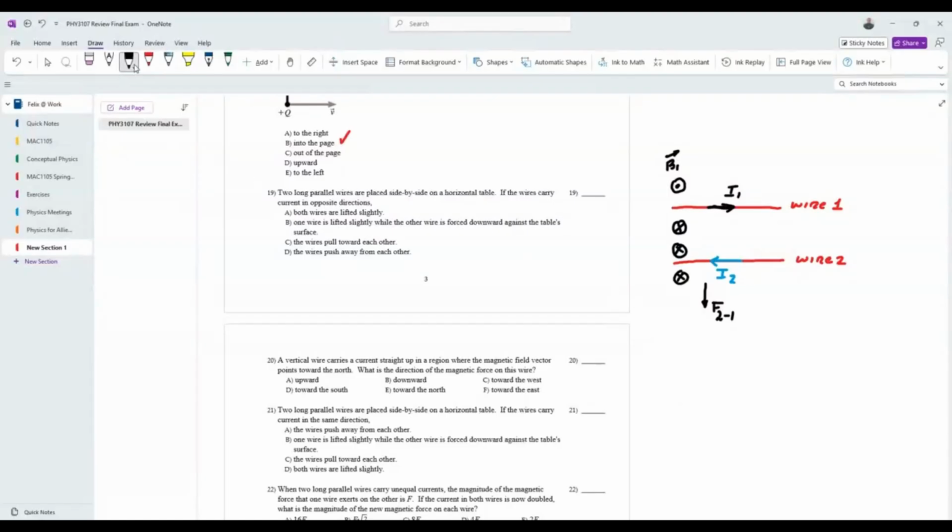Now, let's do the same for the other wire. Wire 2: when you analyze, you will see that if you put your thumb in the direction of the current, the magnetic field will enter above and will be leaving the plane below wire 2. So the magnetic field due to 2 will be like this. And then above here, it will enter into the plane.